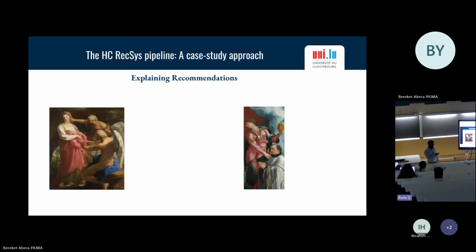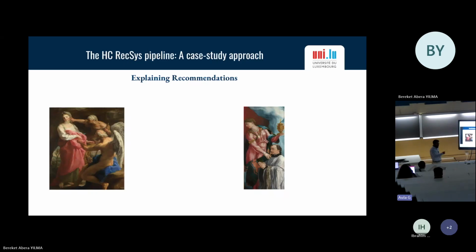What do you think? They look visually the same, right? There is some visual element like a red dress, a woman standing, and there is some winged figure. There is a visually appealing component, but we cannot explain the visual features to the user.